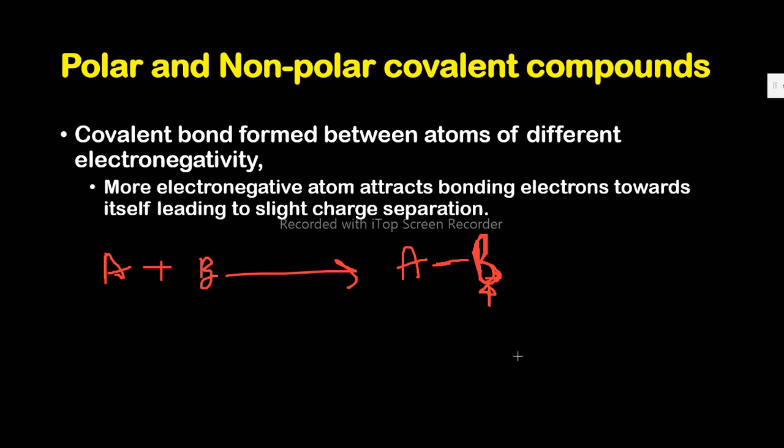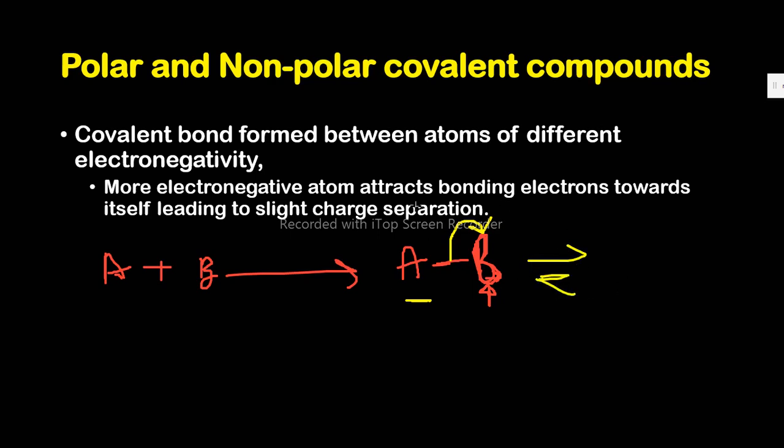So if B is more electronegative than A, what does that mean? Atom B is going to attract the bonding electrons more to itself than atom A. So what is going to happen?